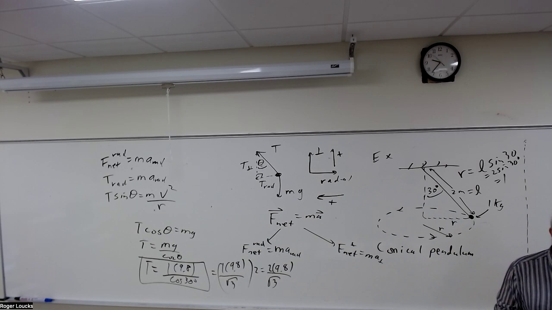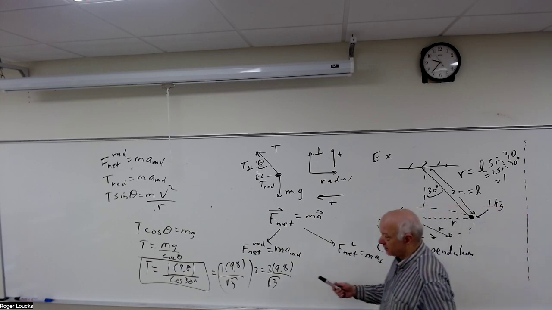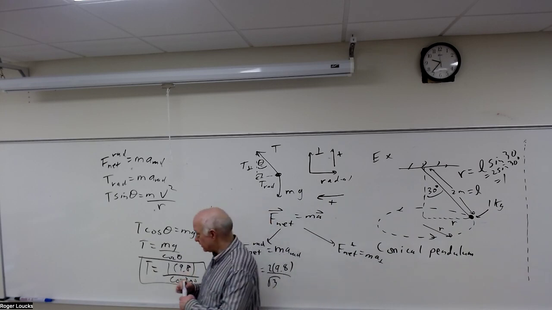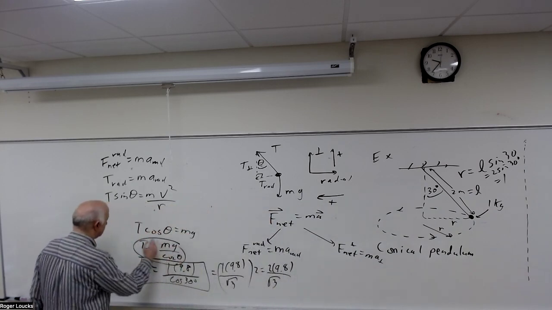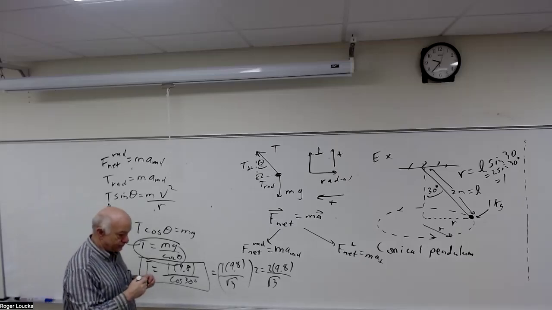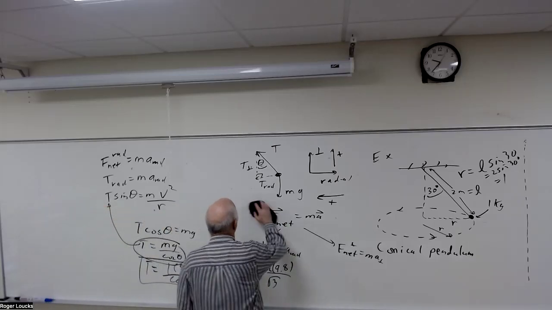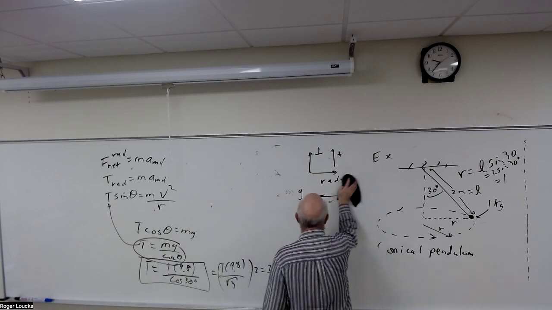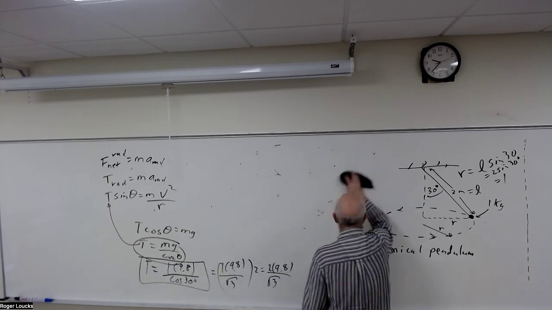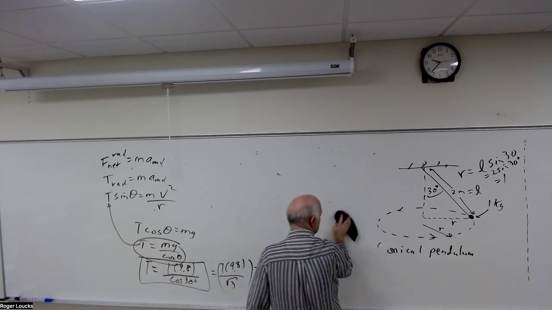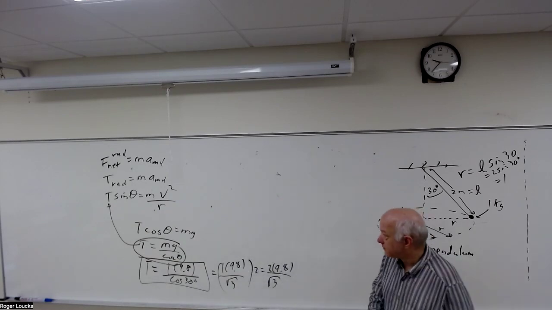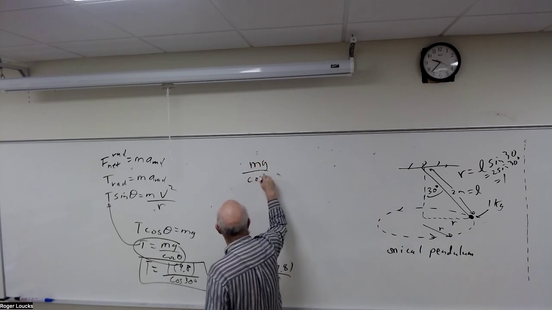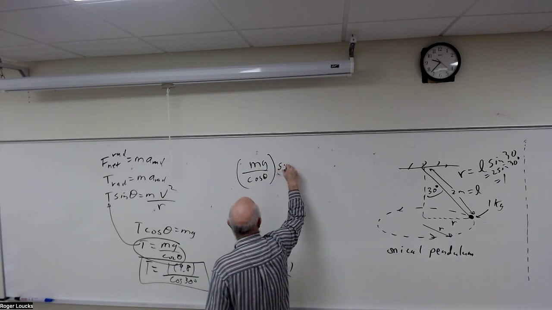The tension is also mg over cosine theta. So I can take this and put that up into here. What does that give me? That gives me mg over cosine of theta times sine of theta.